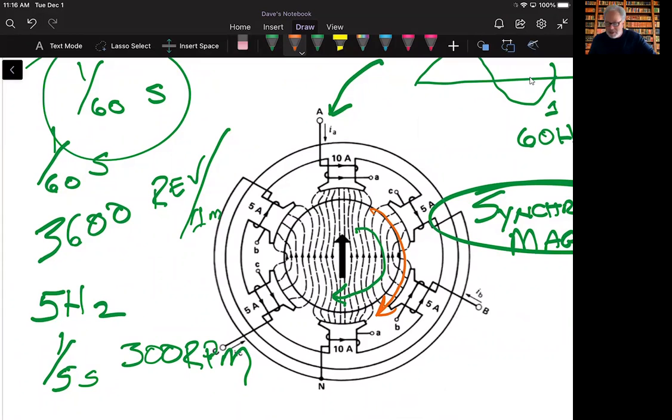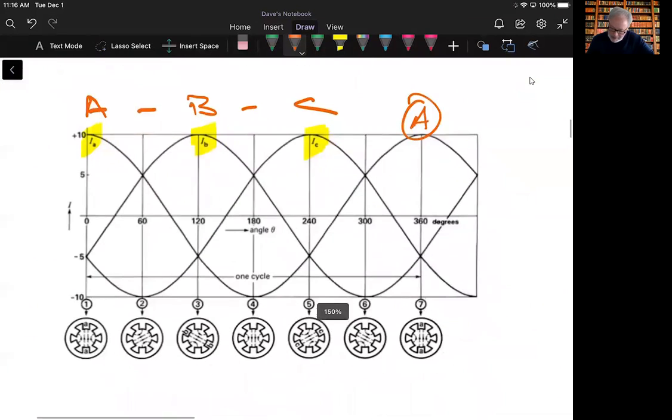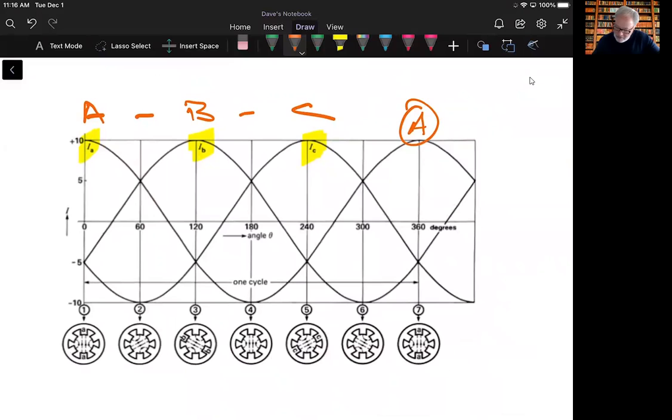Now, I could interchange any of these phases.